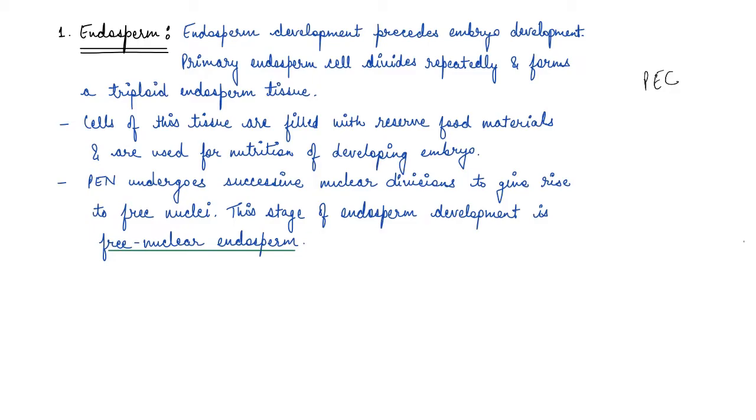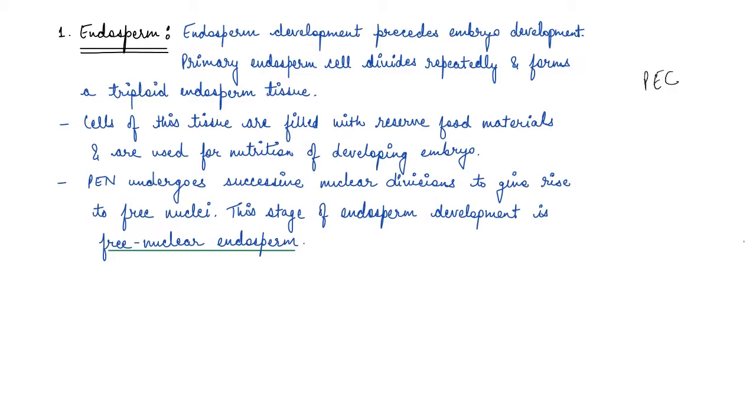So now endosperm development precedes embryo development. So before the embryo develops, endosperm development occurs. Now, why does this happen? Because the primary endosperm cell divides repeatedly and forms a triploid endosperm tissue.